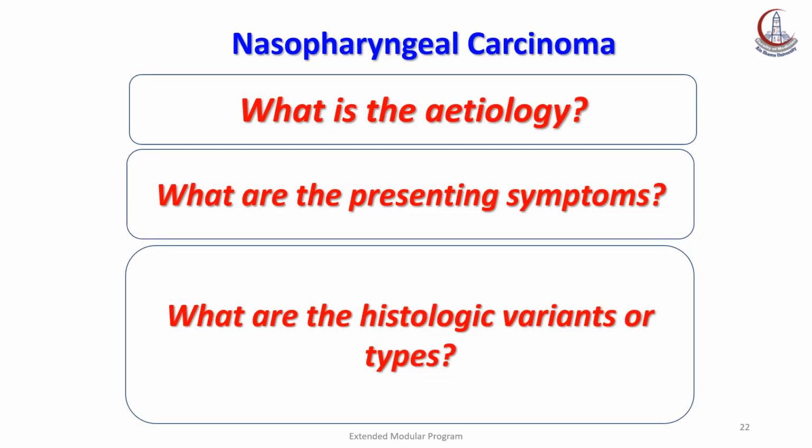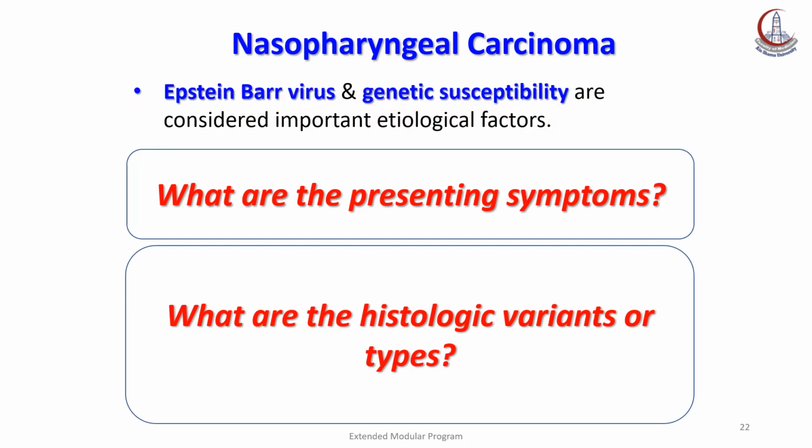The nasopharyngeal carcinoma occurs in the area of the nasopharynx. What is the etiology and what are the presenting symptoms and different histologic types? Epstein-Barr virus and genetic susceptibility are considered the most important etiologic factors of nasopharyngeal carcinoma.